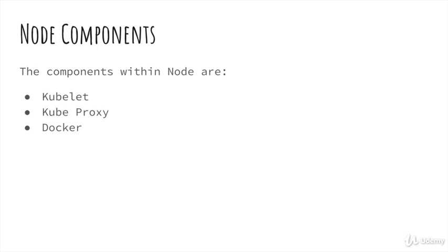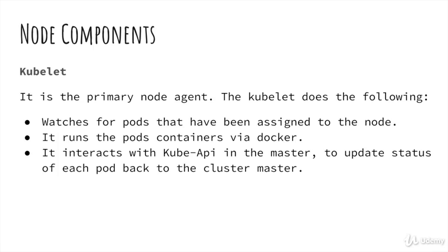Let's dig a little deeper into the node. The components within node that you should know about is the kubelet, the kube proxy, and Docker. Kubelet is the primary node agent. The kubelet does the following. Watches for pods that have been assigned to the node.